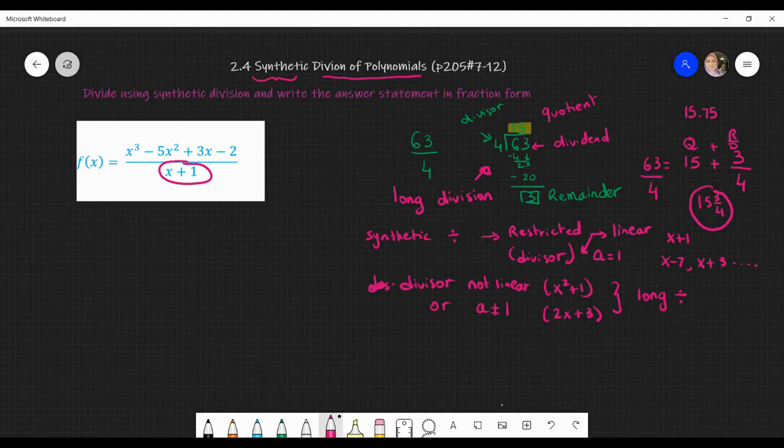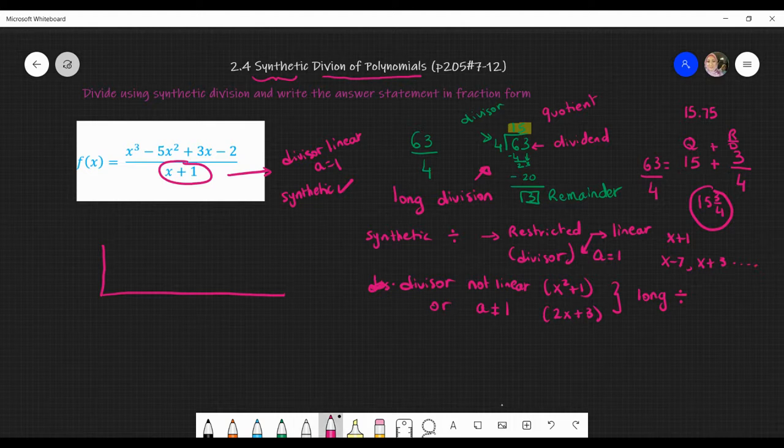Now, in our example, the divisor is linear. So I'm going to put that note: divisor is linear and a equals 1. So with synthetic division, I can use it. Approved. How do I set up the synthetic division? First of all, I should make an L shape.